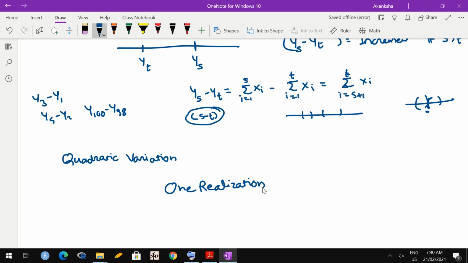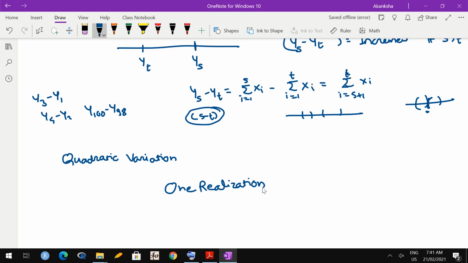Otherwise, on the basis of just one realization, you cannot really do estimation and talk about its properties. Stationarity tells you that you can take every value as coming from the same distribution and try to estimate mean and variance. If not the same distribution, at least you can assume every value to have the same mean and same variance, weak stationarity, so that all of them can be used for estimation purposes.